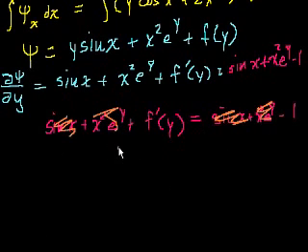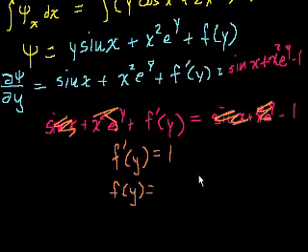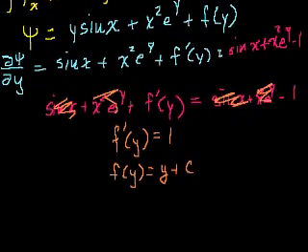And then what are we left with? We're left with f prime of y is equal to 1, and then f of y is equal to y plus some constant c, right?